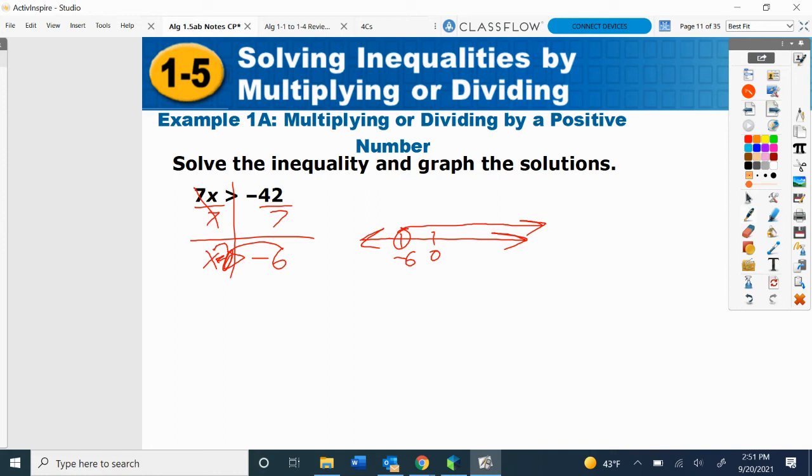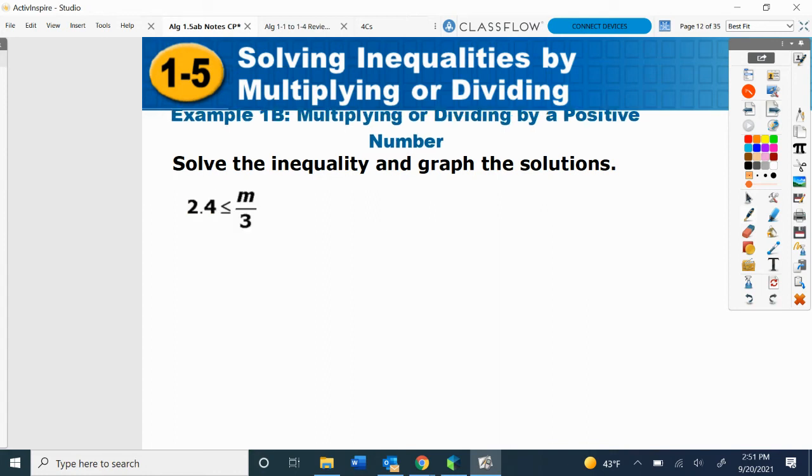Okay, we'll try another one. We got 2.4 is less than or equal to m divided by 3. So if you got this fraction like this, it means division, like we've talked about. So we're going to go times 3 to cancel it, and we're going to go times 3 to this side.